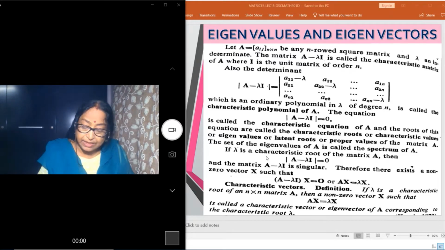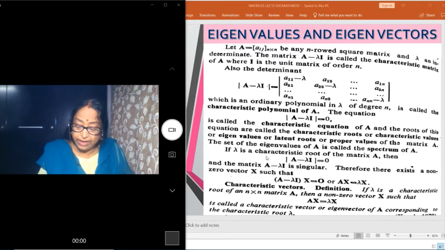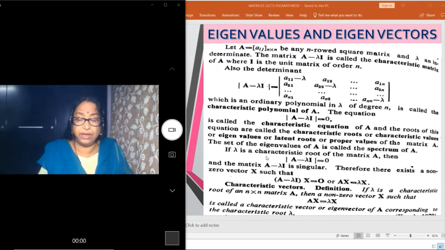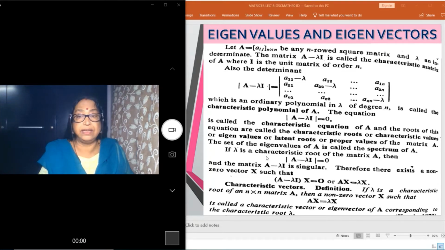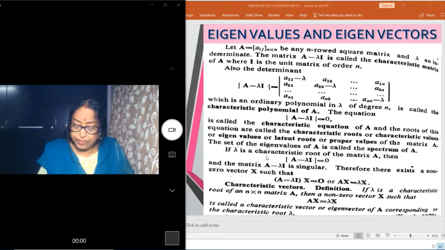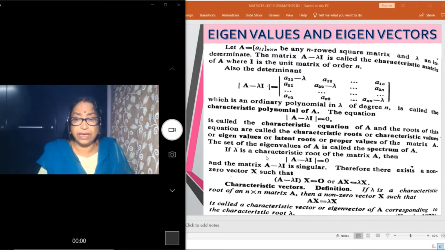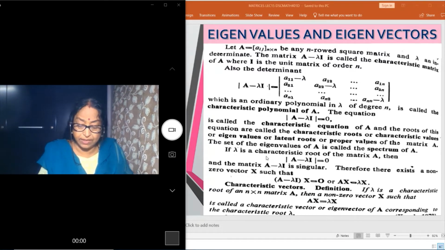Therefore, there exists a non-zero vector x such that (A minus lambda I)x is equal to 0, which can be written as Ax = lambda x. So what is a characteristic vector? This x is known as the characteristic vector.